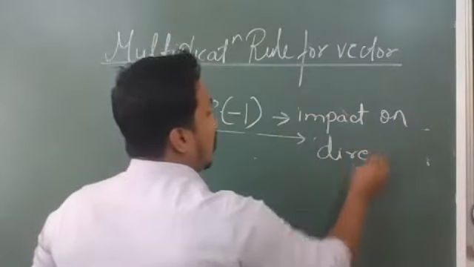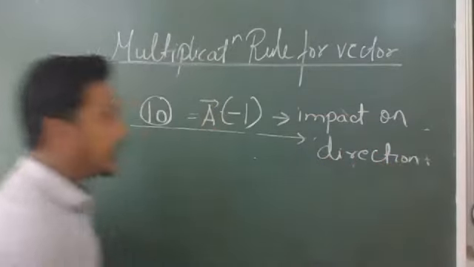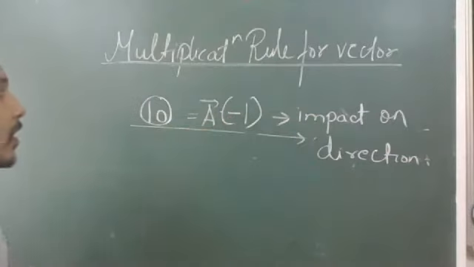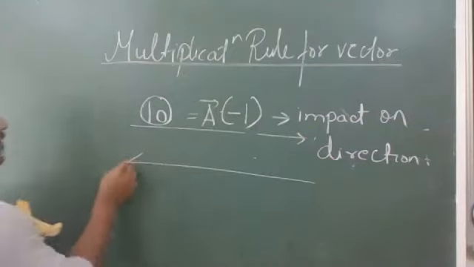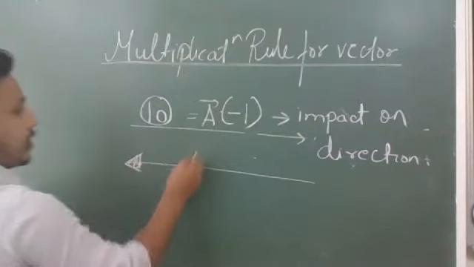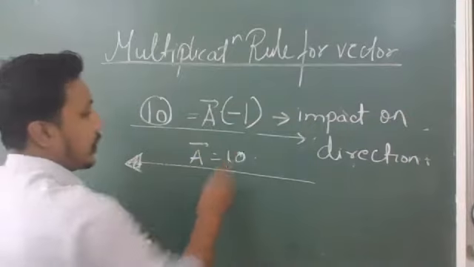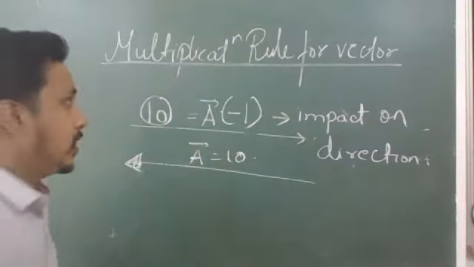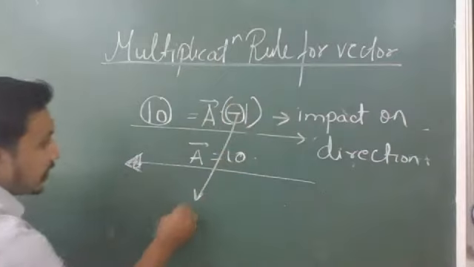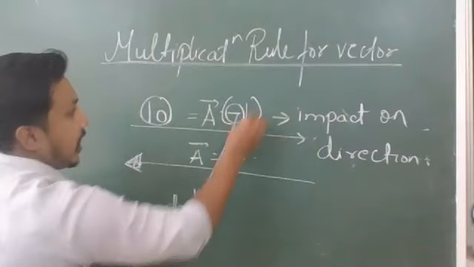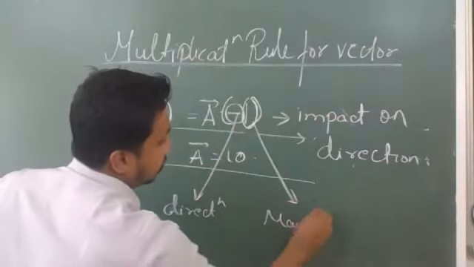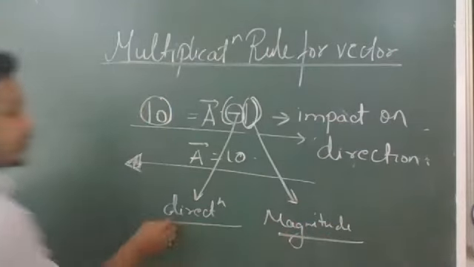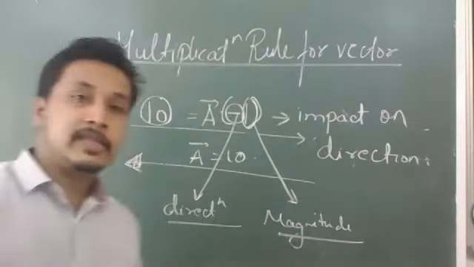On multiplying with a minus sign, my vector direction will be opposite to the previous one. So one thing is very clear: the minus sign will take care of direction and the real number will take care of magnitude.